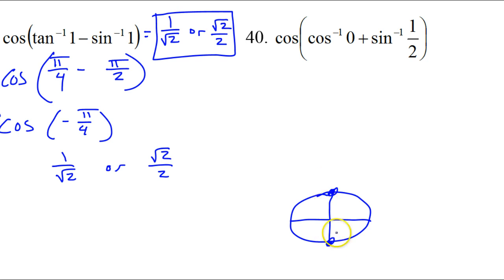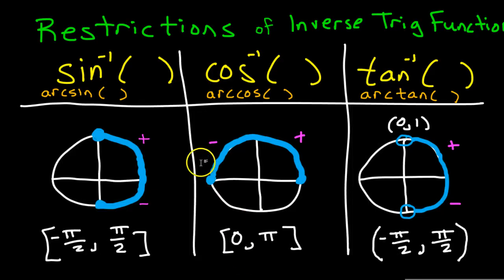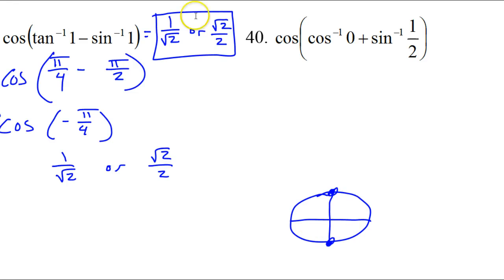On the y-axis, the x value is 0. But for inverse cosine, you have to stay on the top half of the unit circle. So this one down here is definitely a no. So I'm talking about pi over 2 then.